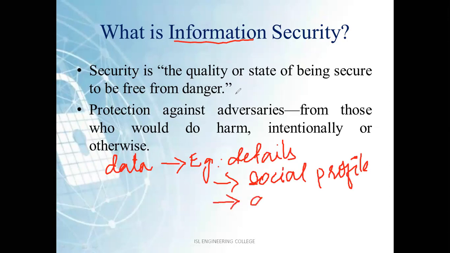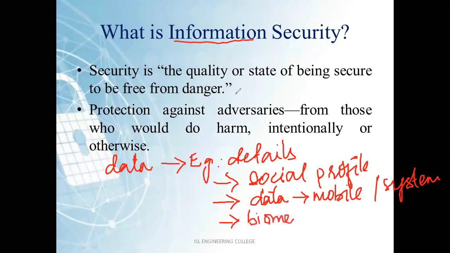Then any type of data that is present either on your mobile or on your system, or it can be your biometrics data that you use to unlock your phones or to grant permissions for particular applications to transfer money. You basically use biometrics. These are all of your data.